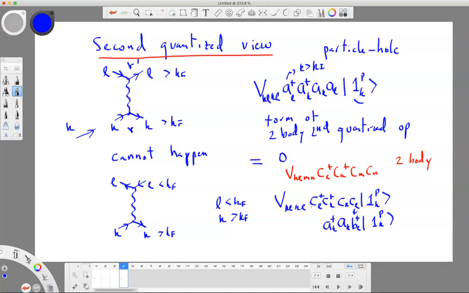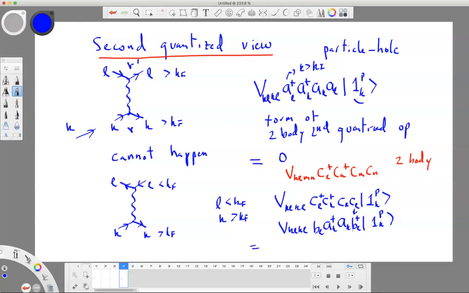And then we destroy a hole below the Fermi energy, so this would be, we create an electron below the Fermi energy. So we're destroying a hole. So that will be the combination we need. And we write the matrix element out. Okay, so now let's apply this.